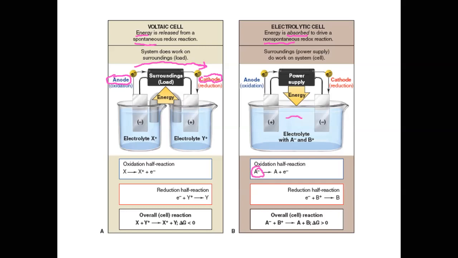But this is all in an electrolyte mixture of A- and B+. There's no salt bridge between them. Electrolytic cells are what they use sometimes to plate silver or gold on, for example, utensils or a watch. And so again, these are the two types of electrochemical cells: voltaic, which is spontaneous; electrolytic, which is non-spontaneous.